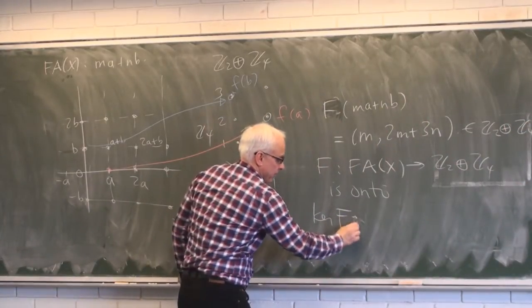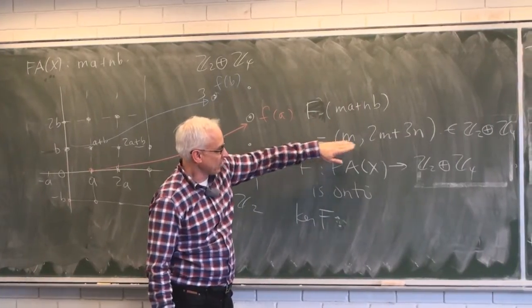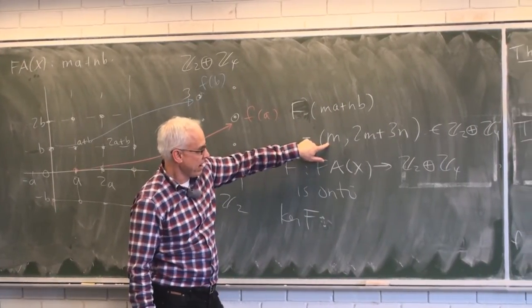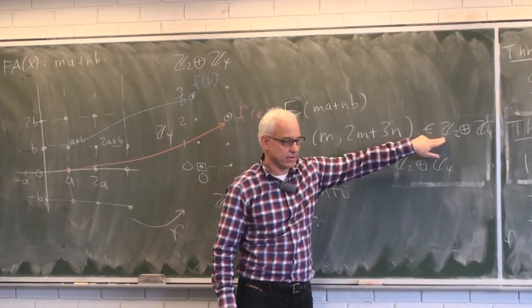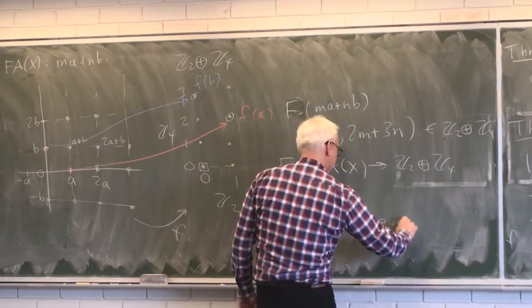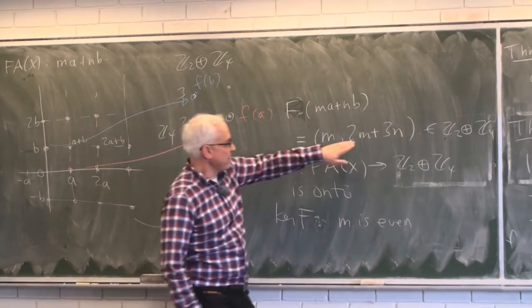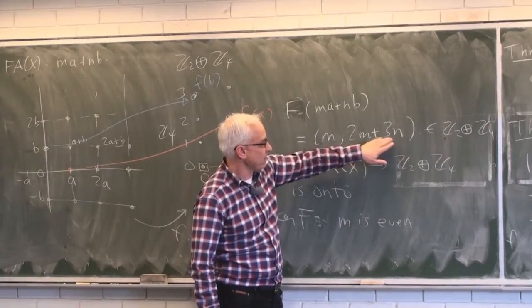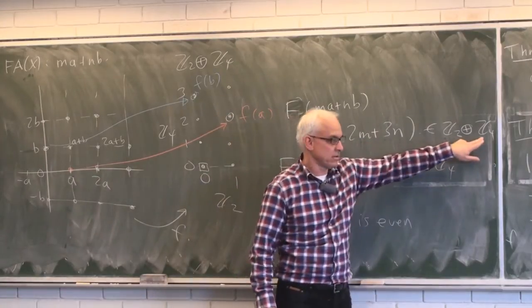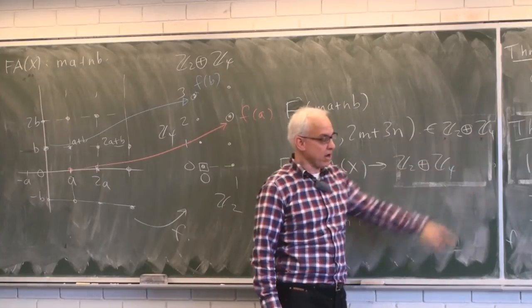Well, the kernel, just look at this. If this is going to be 0, it means that m has got to be 0 mod 2. So it means that m is even. And if m is even, then this thing here, 2m plus 3n, has to be 0 mod 4.